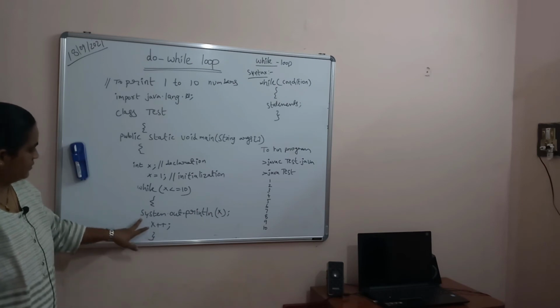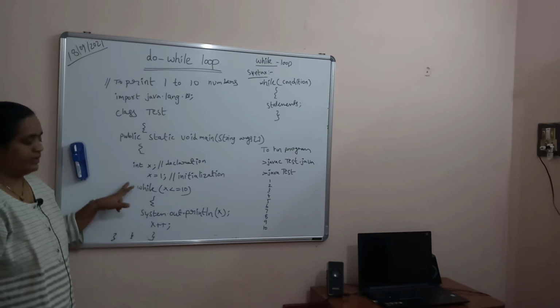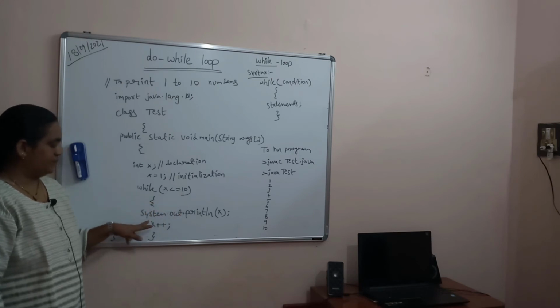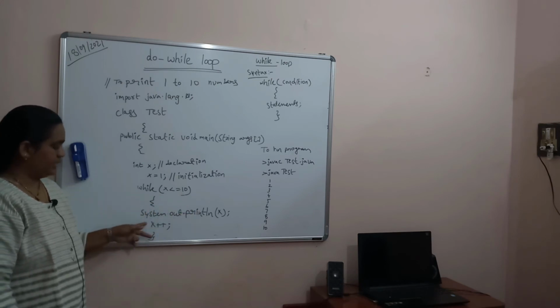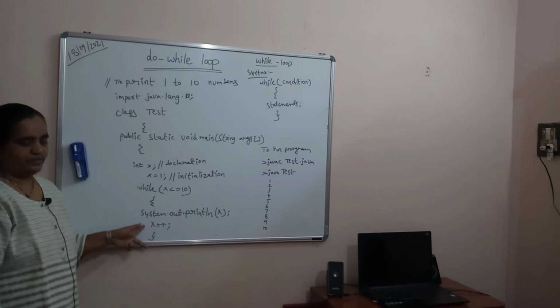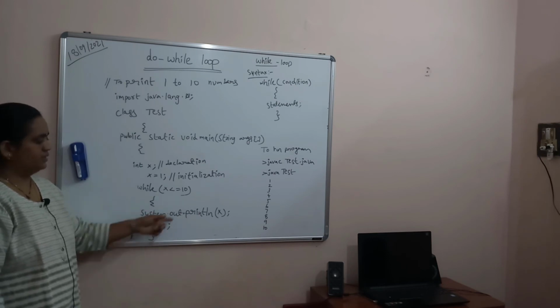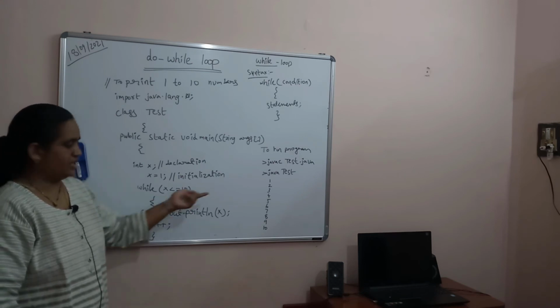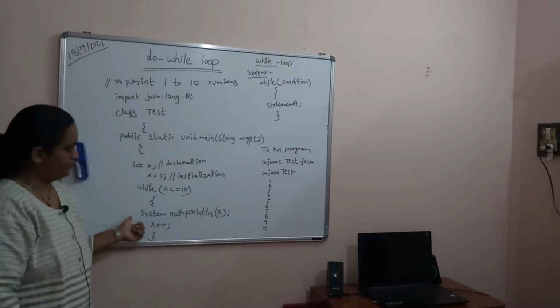Close the while loop. Here the while loop checks the condition first, after that prints the x value, then increments the x value, then the loop continually executes as long as the condition is true. The same output will come using the while loop also.